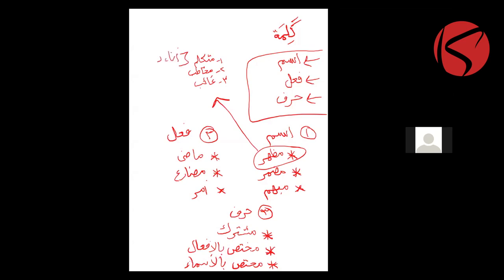And the متكلم is أنا and نحن. And the مخاطب is أنت and أنتِ. And the غائب is هو and هي and whatever comes from it.